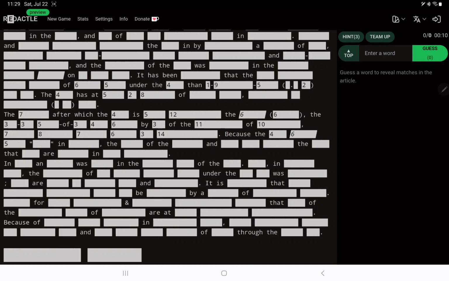Because the word 6 means 4 in English, the 5 of the 7 and 4 or 7 of 4 or 7 and 4, 10 in some year, and something was taken in the 7-4, thus in 7-4 under the 3-3.